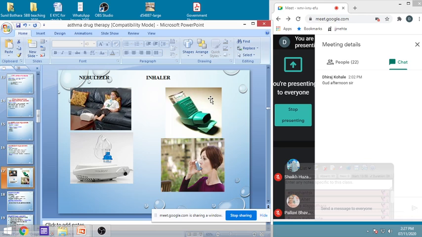So there are two types of inhalers: dry powder inhalers and metered dose inhalers, and even the pharmacist should be able to guide their use. Then another one is known as a nebulizer, where water is there, air passes through the water and creates steam, and along with the steam the drug will go. So the drug is administered in vapors, and this is what a nebulizer is.